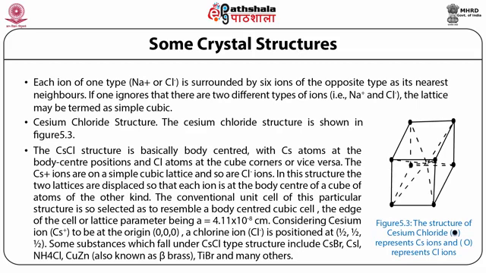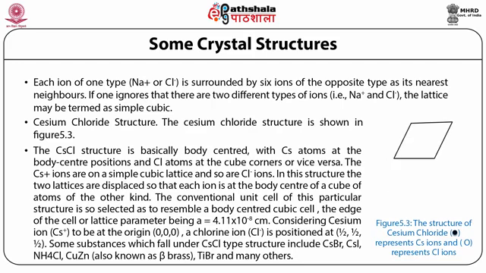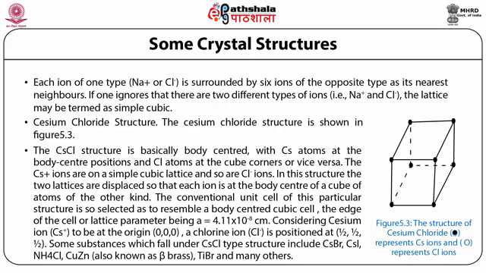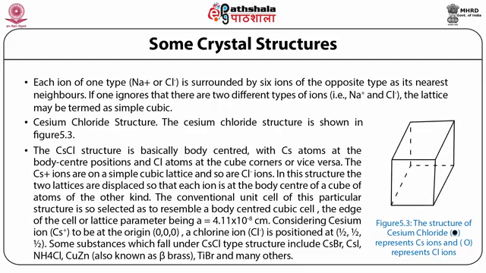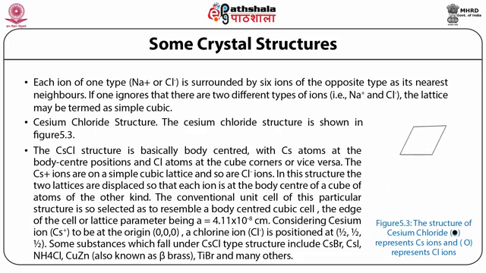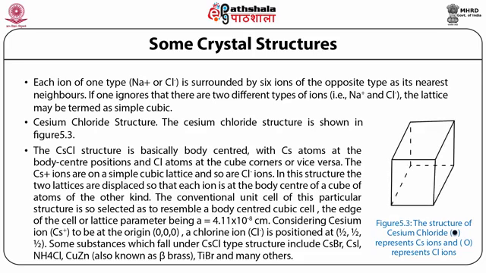The conventional unit cell of this particular structure is so selected as to resemble a body-centered cubic cell. The edge of the cell or lattice parameter being a equal to 4.11 × 10^-8 centimeter. Considering cesium ion, that is Cs+, to be at the origin, that is (0,0,0), a chlorine ion, Cl-, is positioned at (1/2,1/2,1/2).